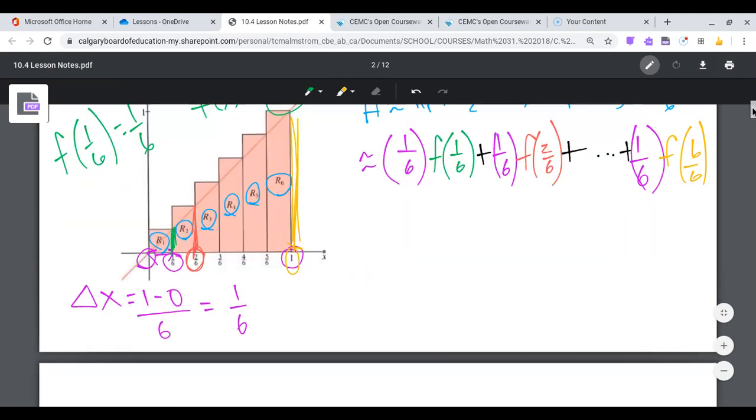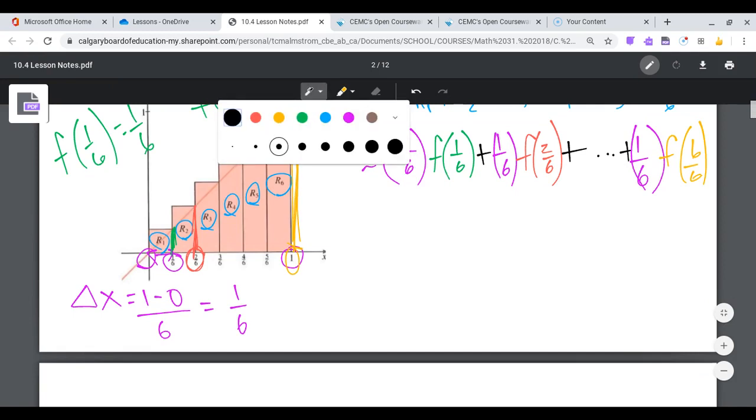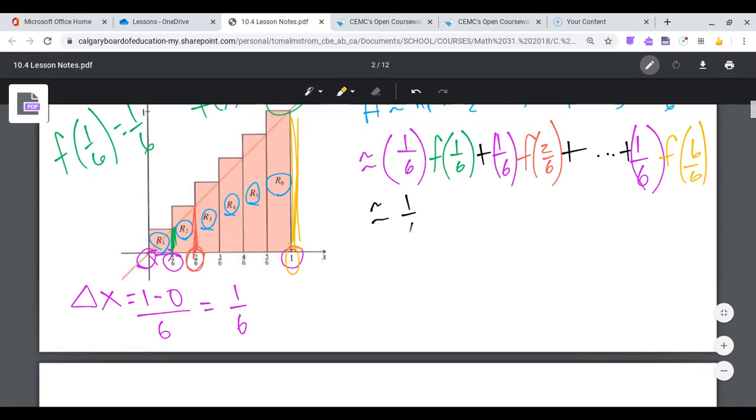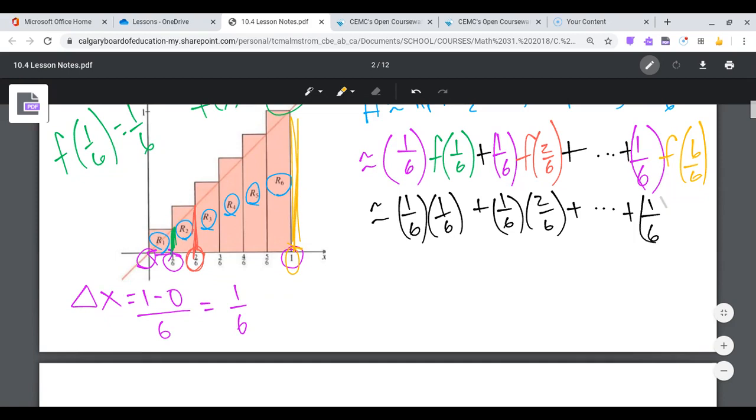So when I'm doing this calculation here, this is going to be 1/6 times 1/6 plus 1/6 times 2/6 plus 1/6 times 3/6 plus 1/6 times 4/6. You get it? 1/6 times 6/6. And then when you very carefully plug that into your calculator, you could get an amount.